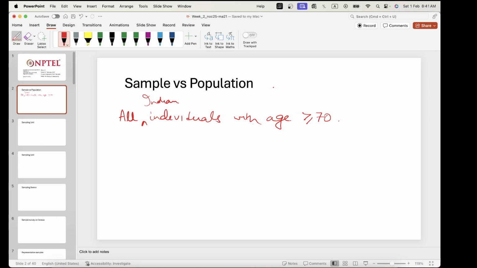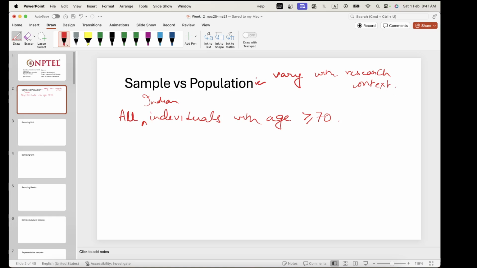If I specify this to be my population, then all the individuals who are residing in India and with an age of greater than 70, that is my population of interest. So this term population will actually vary with the research question or research context.